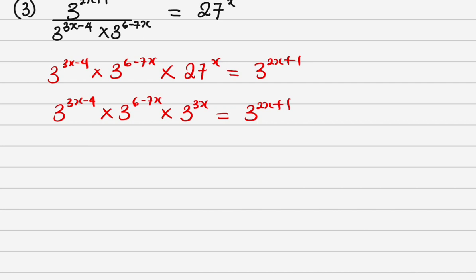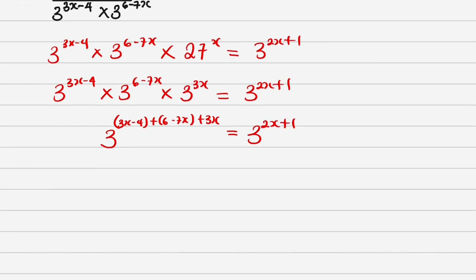I'm going to work the left hand side. This is going to be 3 raised to power, I'll add all the powers, because from the law, once they are multiplying, you add the powers. So this is going to be 3x minus 4 plus 6 minus 7x, then plus 3x. It is equal to 3 raised to power 2x plus 1.